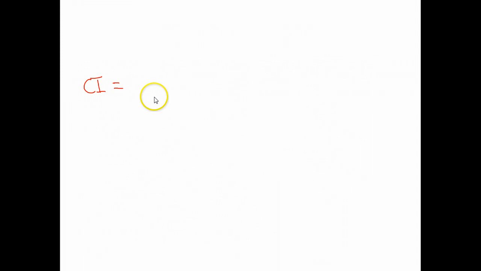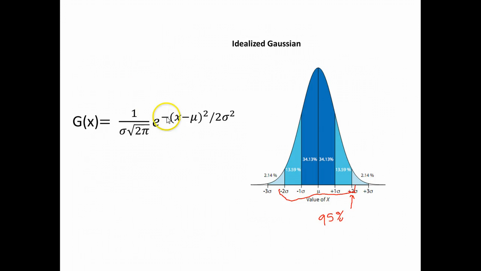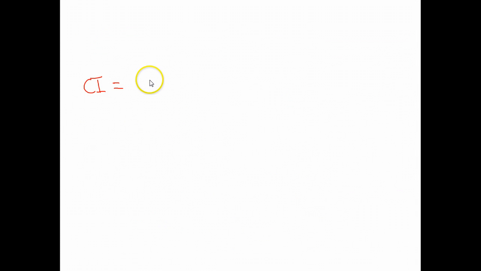We're going to start with our average value here, which is 5.50. So x bar plus or minus t s over square root of n.